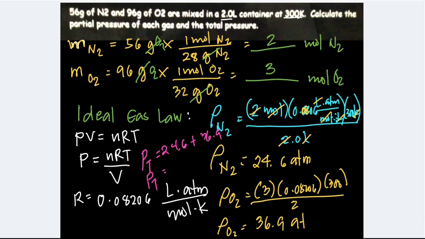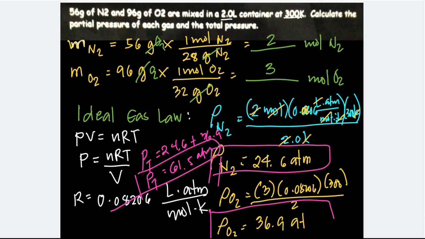So the total pressure is 61.5 atmosphere. That is the total pressure, and these are the partial pressures.